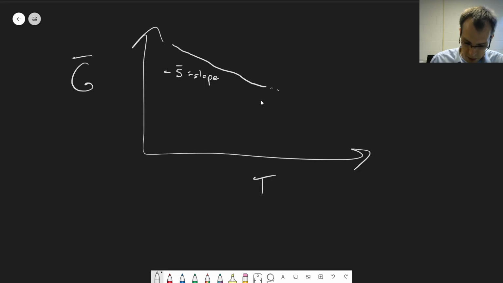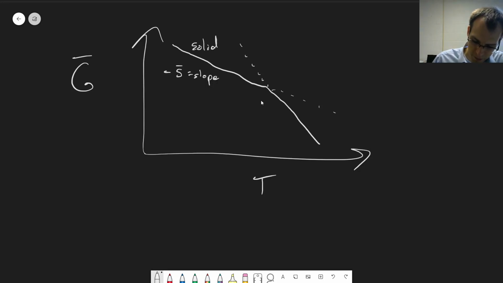And that should be a straight line. We'll end up with places where different phases, so this would represent, say, solid down here and liquid over here, will have lines that intersect. So this is looking at G versus temperature for a solid. We'll see a negative slope, and liquid will have a larger negative slope.